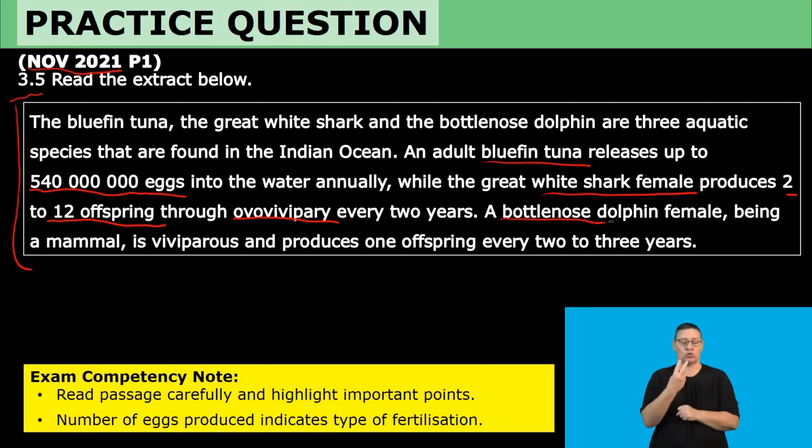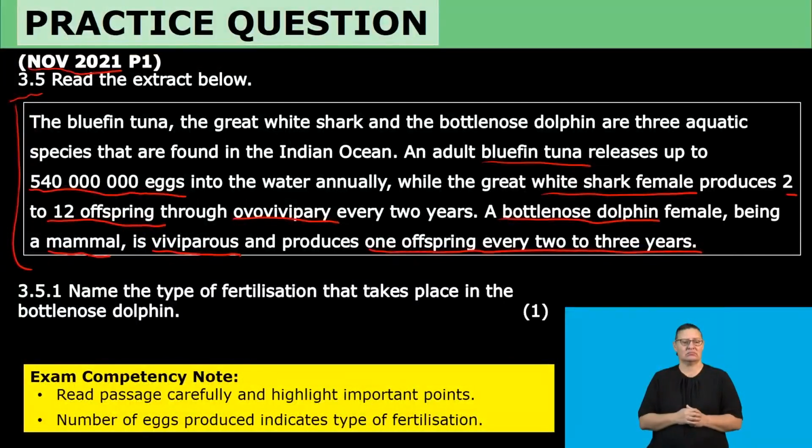A bottlenose dolphin female, being a mammal, is viviparous and produces 1 offspring every 2 to 3 years. You will notice that as I read the stem, I am underlining key concepts which are going to give me proper guidance as we answer our questions.